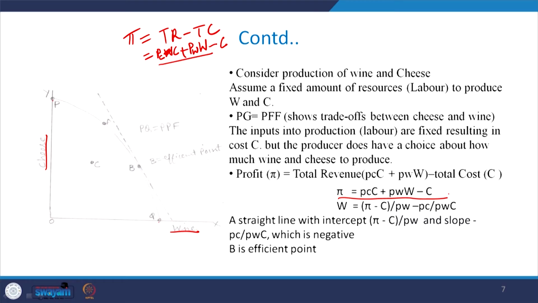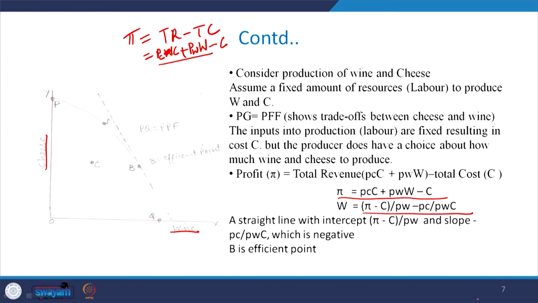Now, you can convert this equation of total profit in terms of the quantity of wine. So, the quantity of wine here is equal to (pi minus C) divided by PW, minus PC divided by PW multiplied by the quantity of cheese.